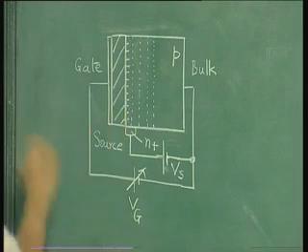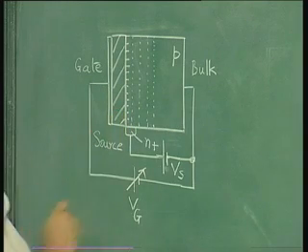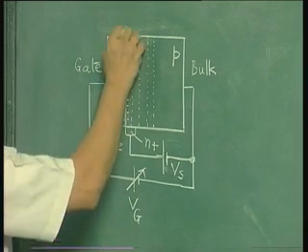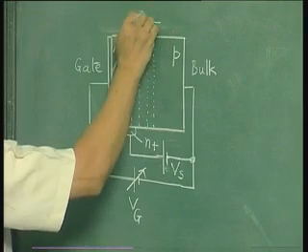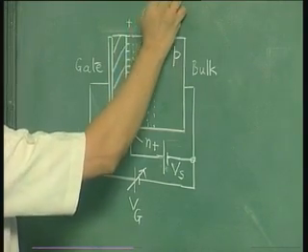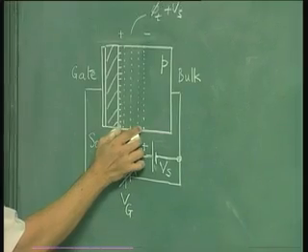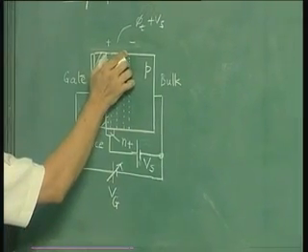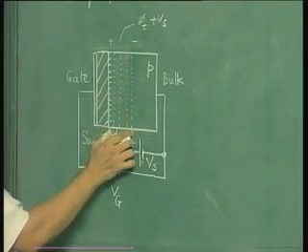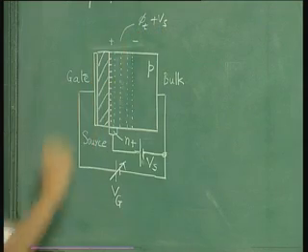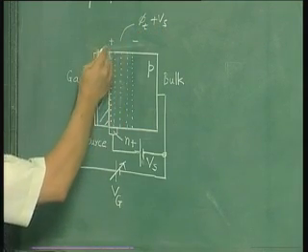When the inversion layer appears, that is when the threshold is reached, your voltage drop here will be phi t plus Vs. So the depletion region keeps on expanding until the voltage drop in silicon reaches phi t plus Vs, and thereafter an inversion layer develops.